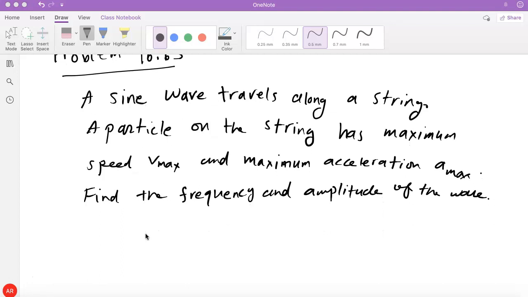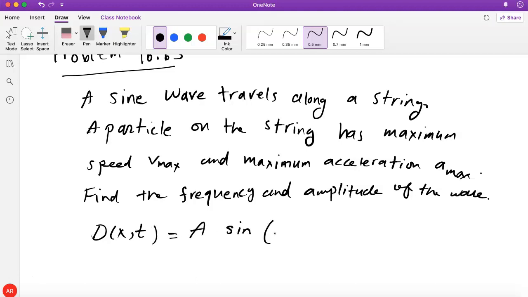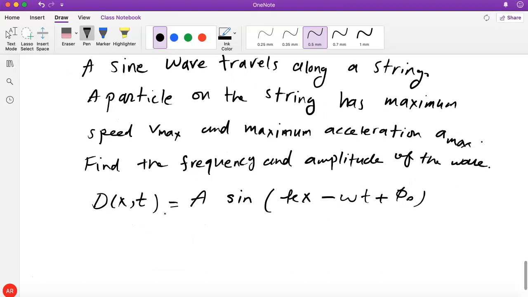All right, so what can we say here? Again, traveling sinusoidal wave in one dimension, so that's the general expression for the displacement at distance x and time t. There's going to be the amplitude times sine of (kx, the wave number, minus omega t, plus phi naught, the phase constant).